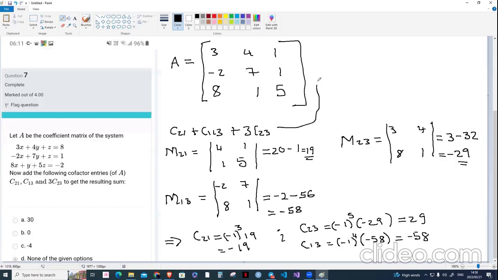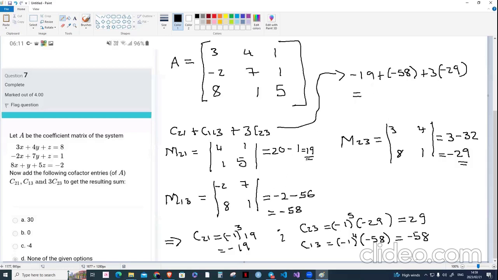Then we come here to find out the answer. C21, that's minus 19, plus C13, which is minus 58, and then plus 3 times 29. When you add all of this, you should be able to find out your answer. Everything is correct here.